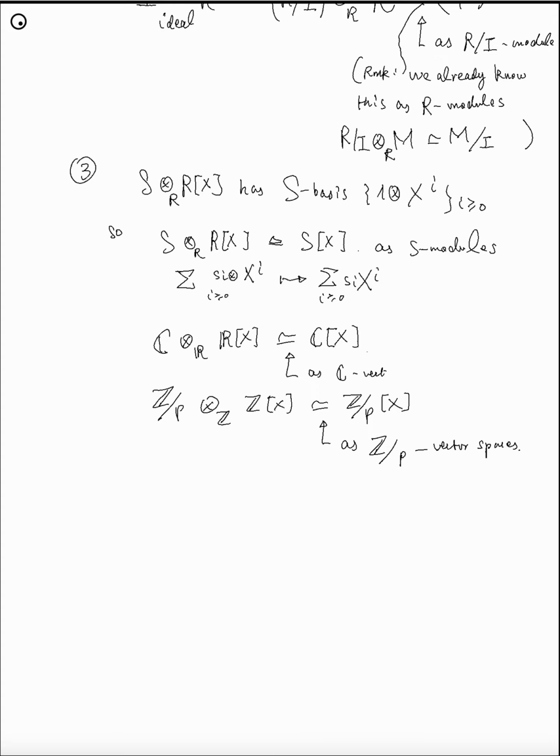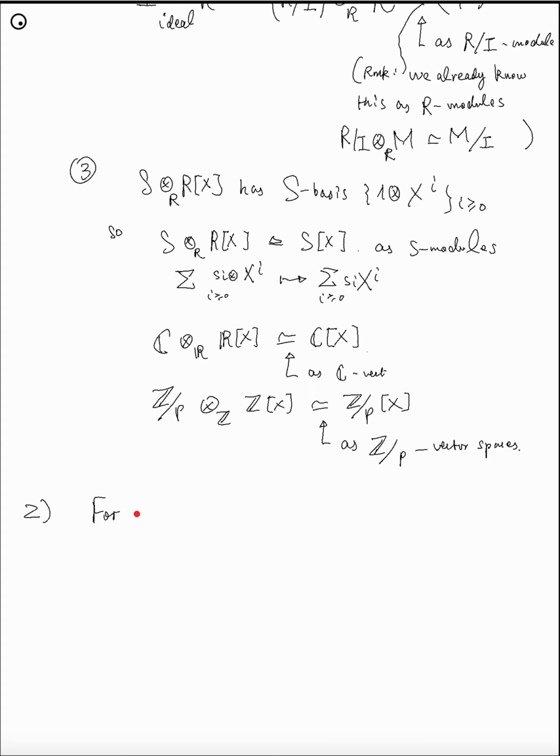So let's continue. At least let's mention this without proof, and we will do another proof in the next video. So the second part of the exercise: let's talk about how direct sum and product commute with tensor product.